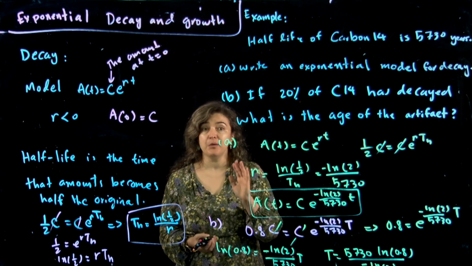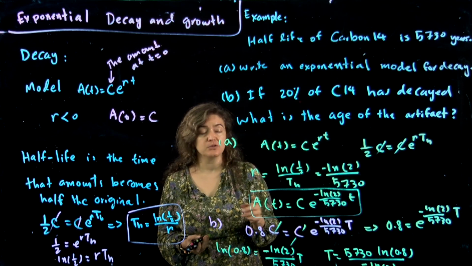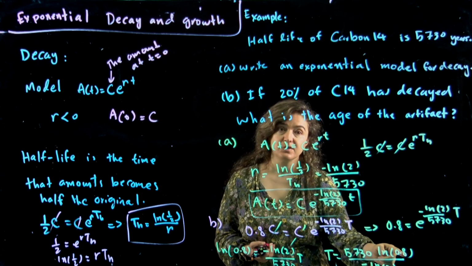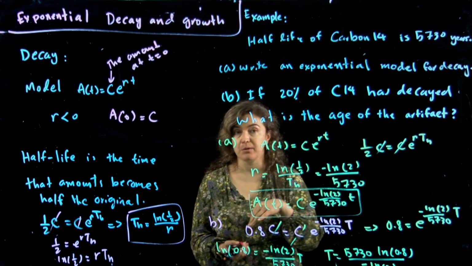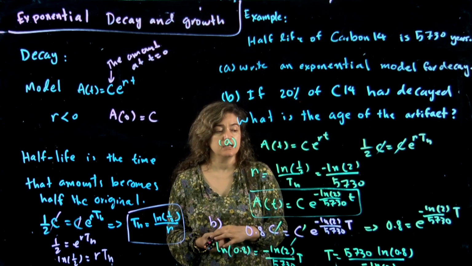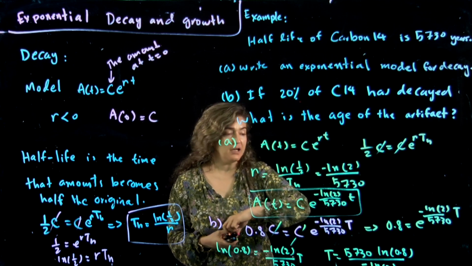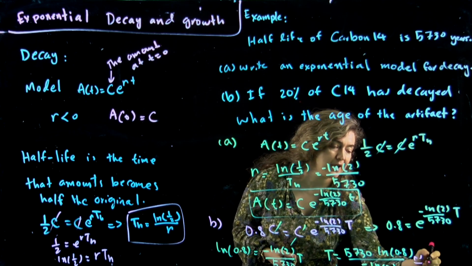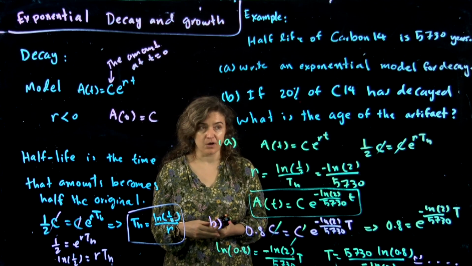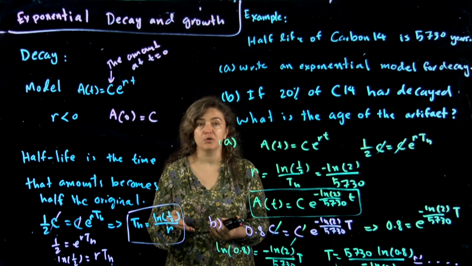This is going to end up being a positive value. You can use your calculator. The reason is that ln of 0.8, which is less than 1, is going to be a negative value, and simplify by negative ln of 2. I leave this to you to find out what time it is and how old the artifact is using your calculator.